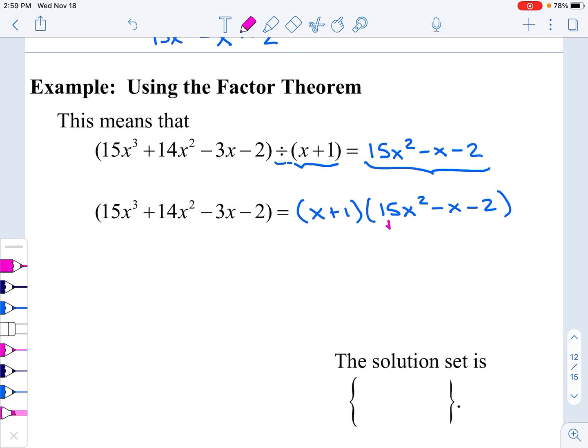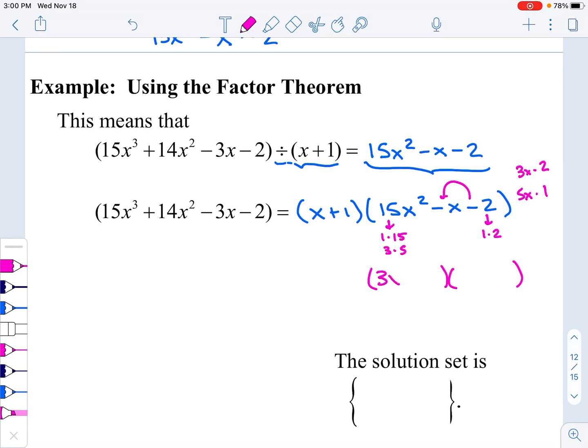Let's see. For 15, a 1 times 15, or a 3 times 5. For 2, the only way to make 2 is a 1 times 2, so we want to find our inside-outside terms that give us that trinomial. We have to subtract to make 1. So a 3x has to multiply by 2, and a 5x has to multiply with the 1. 3x times 2 is a 6x, 5x times 1 is a 5x.